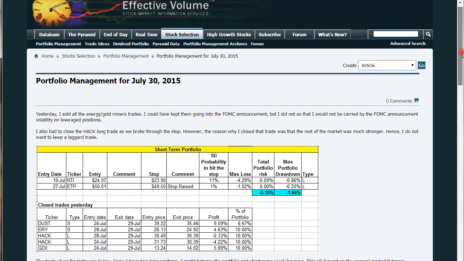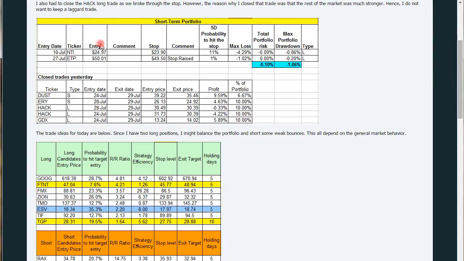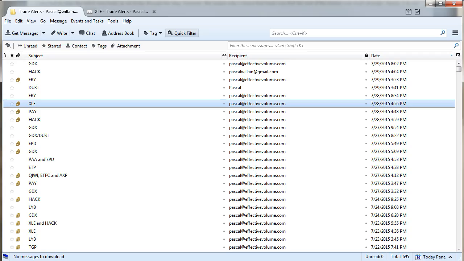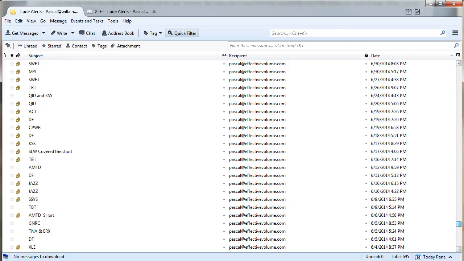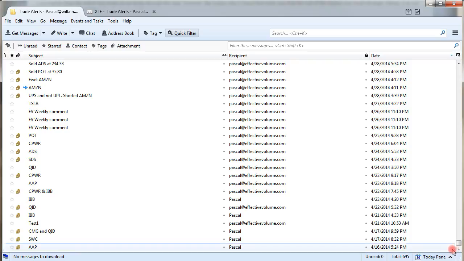Before I move to the trade ID section, whenever I enter a trade for the portfolio, I send an email. If you look at here, these are all the emails I have sent recently, and you can see that I have already sent about 700 emails with a different change in the portfolio. You can see that this happened since April of last year.